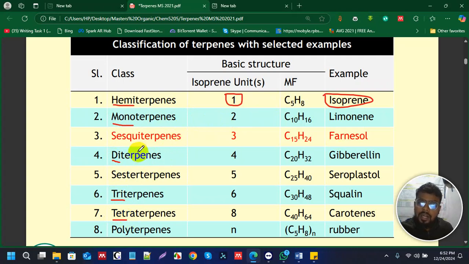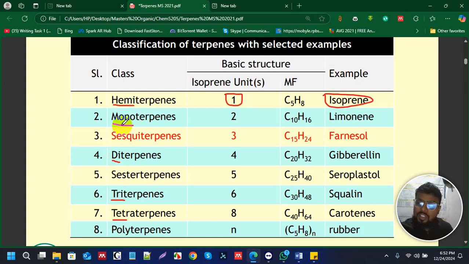For the diterpenes, you have to use four isoprene units. We know that di means two, so the isoprene units will be double, that means four.